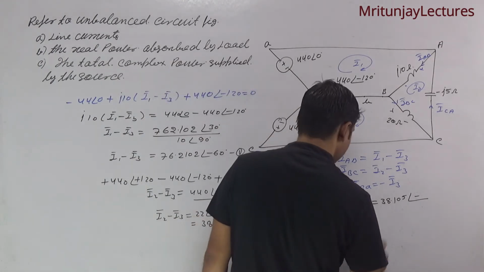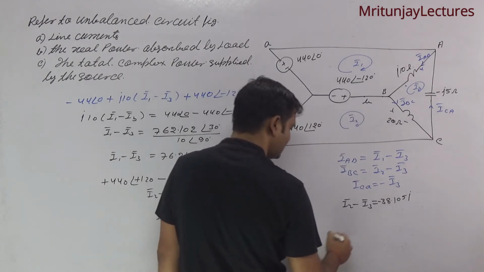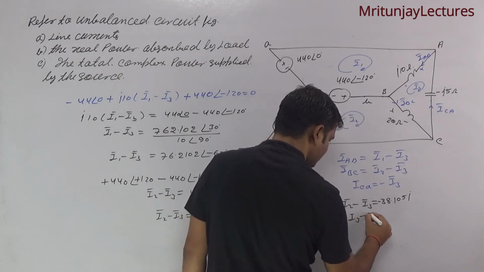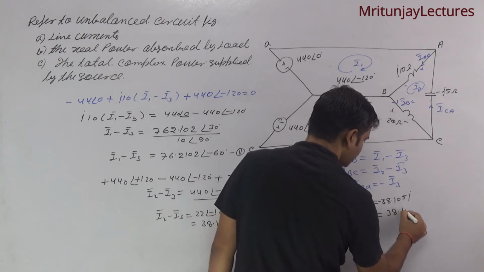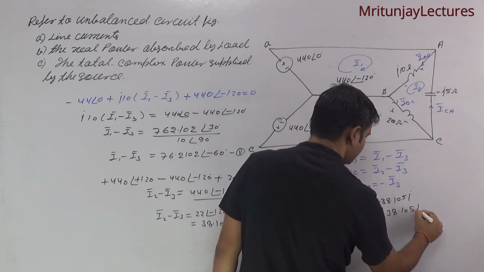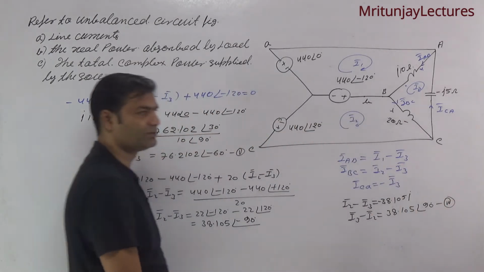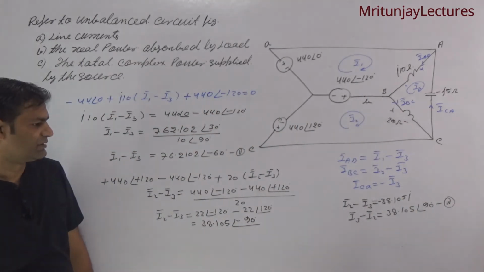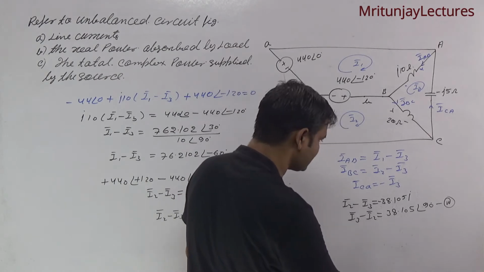Minus 90 is minus j, so better to write minus j, or you can say I3 minus I2 is 38.105 j, or better to write at the angle 90. Okay, this is clear. If any doubt, then tell me.